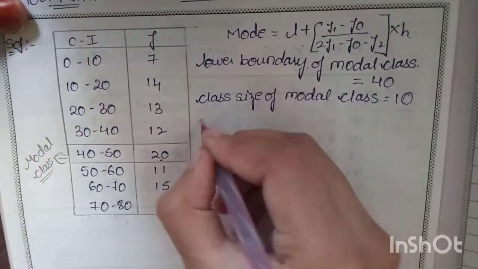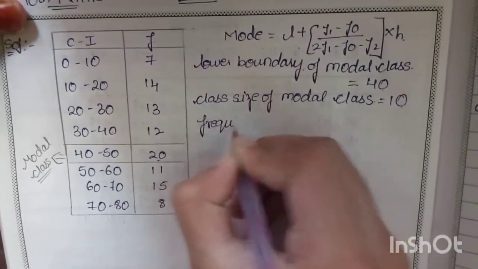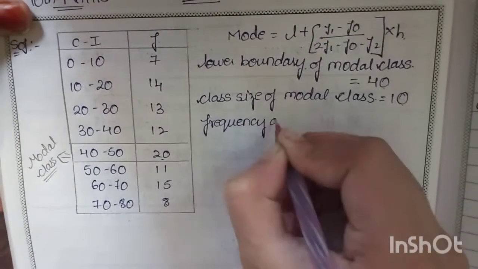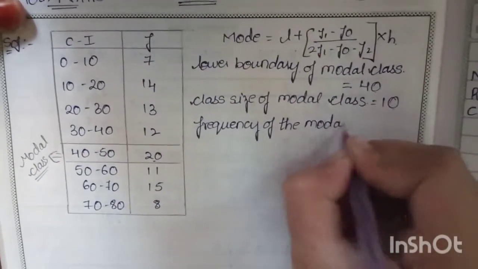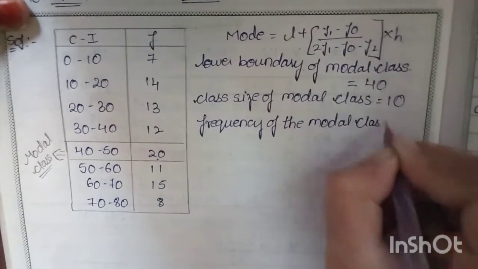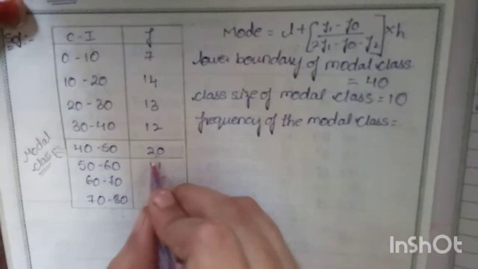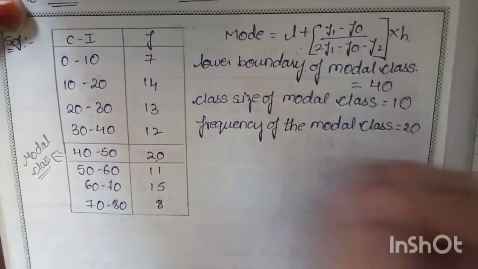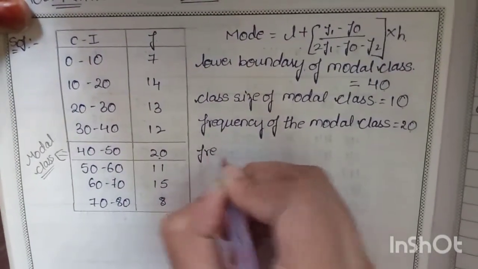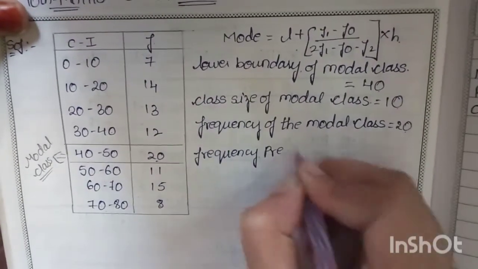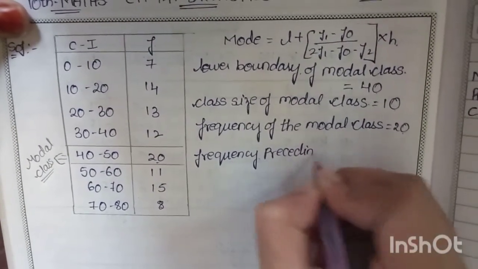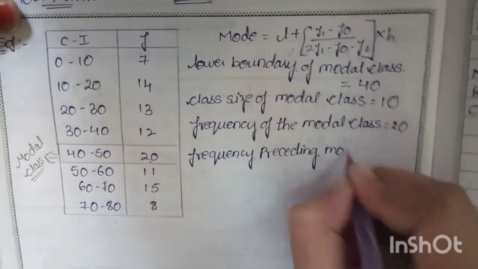Okay, next, frequency of the modal class. So what is the frequency? It is 20. Next, frequency preceding modal class.